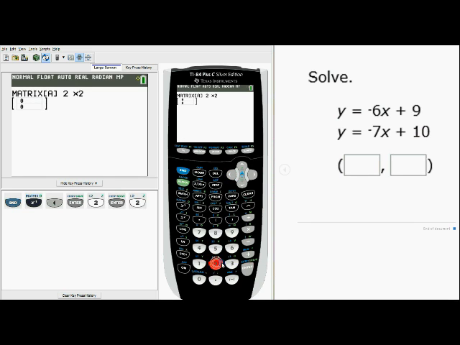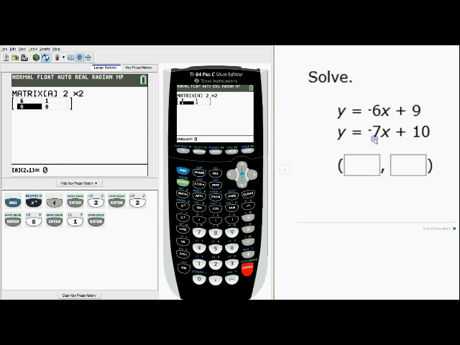It's a 2 by 2. We're going to enter 6 as our X, and 1 is Y. We're going to enter 7 as our X, and 1 is Y.